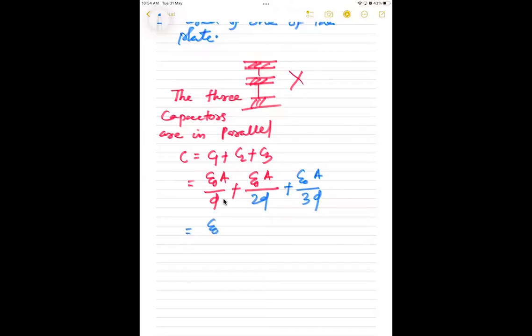So we are finding the capacitance between the top plate and the ground. Then 1 plus 1 by 2 plus 1 by 3, that is 11 by 6 epsilon naught A by D. If the area of the plate and D are given in the question, and you know epsilon naught, then you can find the exact value.